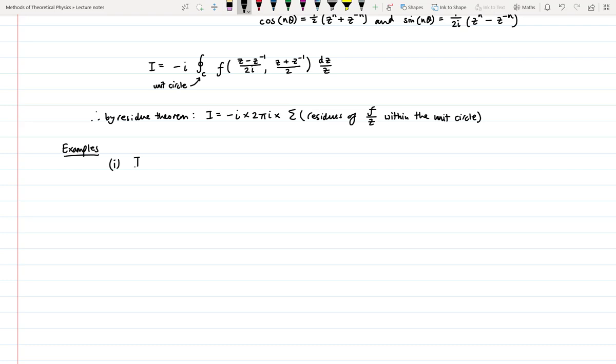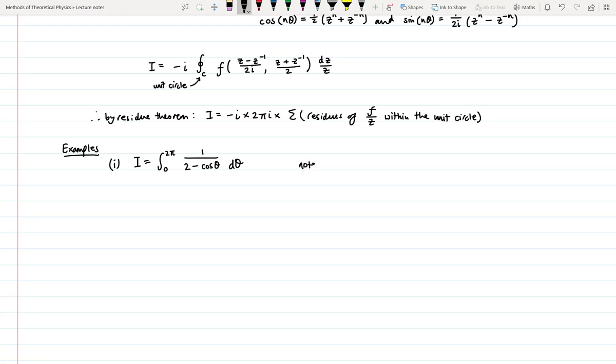First of all, let's consider I is the integral from 0 to 2 pi of 1 over 2 minus cos theta d theta. First of all, we want to quickly check that this function is finite and single valued.